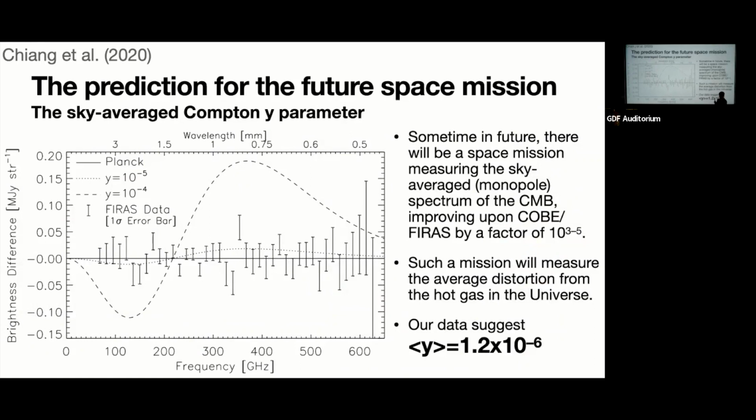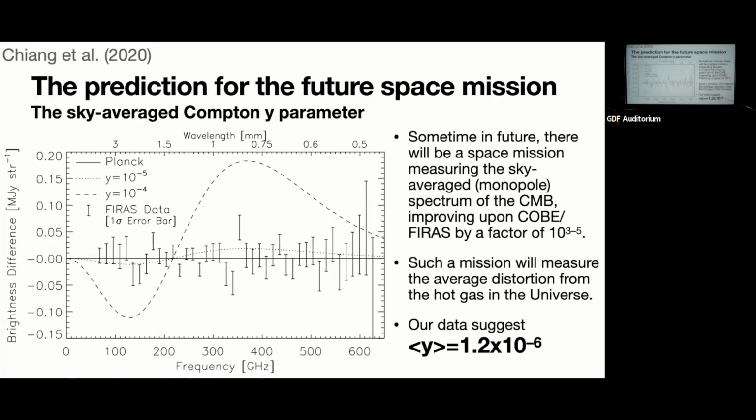But because of this distortion, even if you average over the full sky, you will get a distortion. The current upper bound on this Compton y parameter that characterizes the strength of the SZ is something like 1.5 times 10⁻⁵. Our measurement suggests that if you go 10 times fainter, you'll see this distortion.